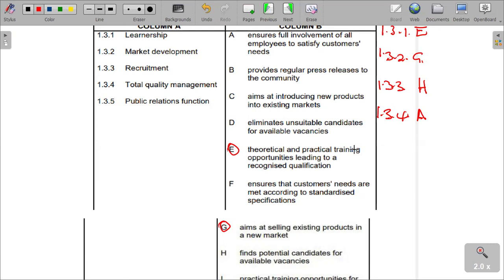So 1.3.5 is B, which we are saying public relations functions provides regular press releases to the community. We can go to our next question.